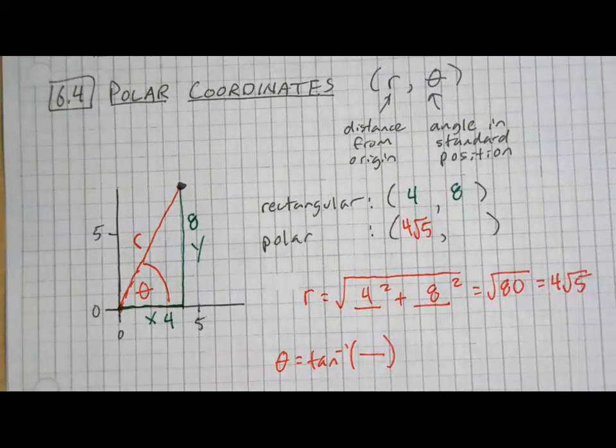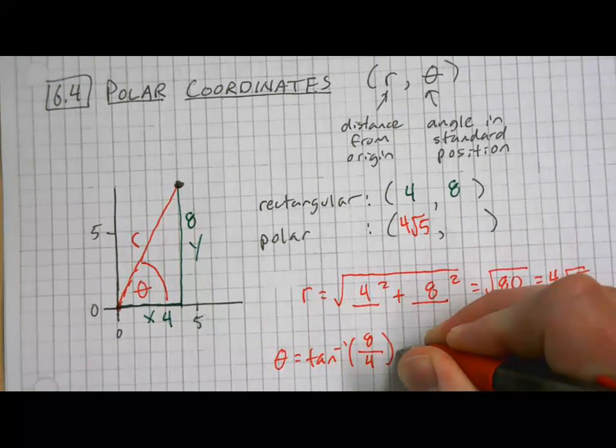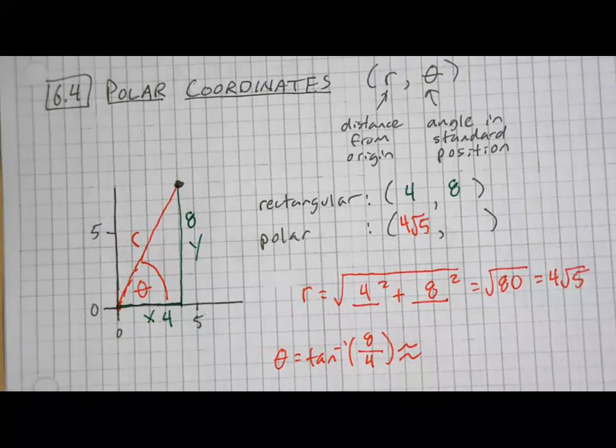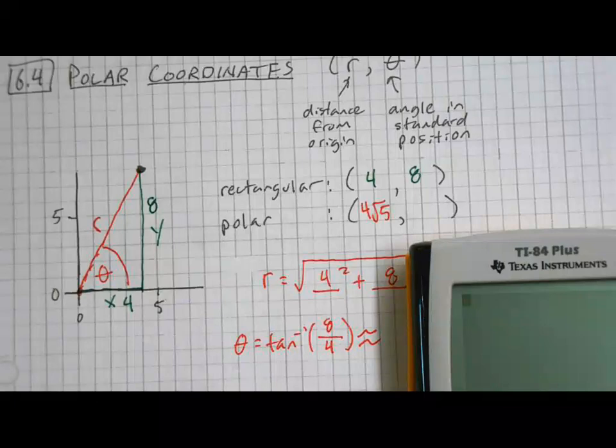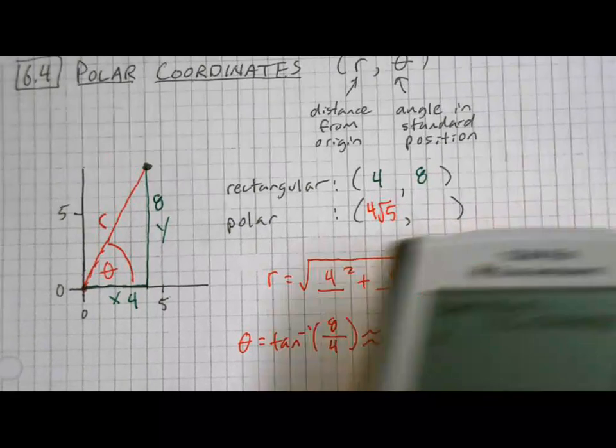Opposite over adjacent would be 8 over 4. And that's just going to go into my calculator. Let's use degrees for this one. I'm going to change my calculator into degree mode. 63-ish.